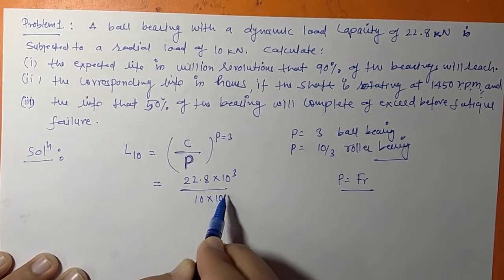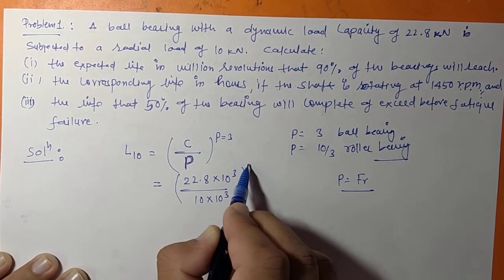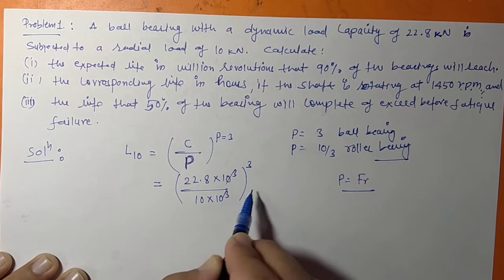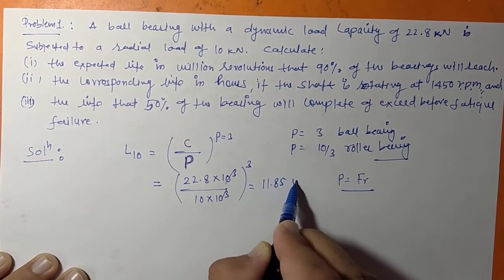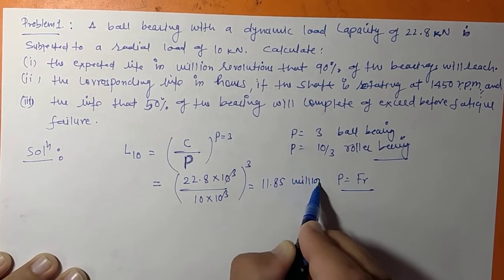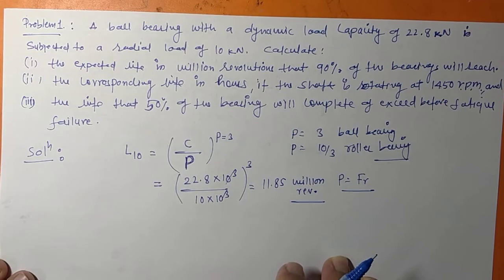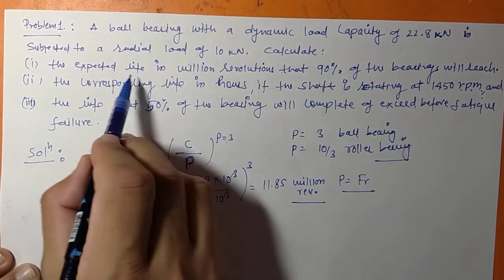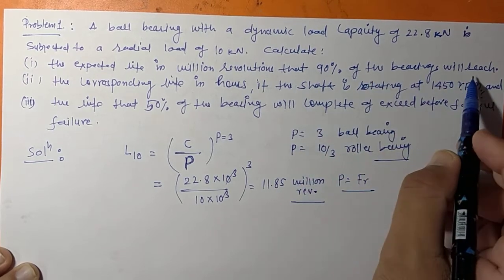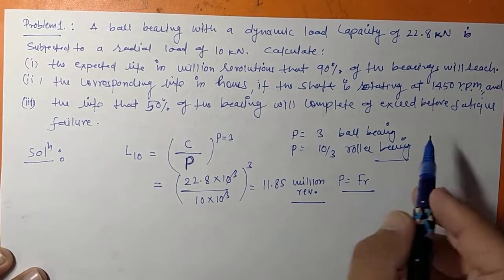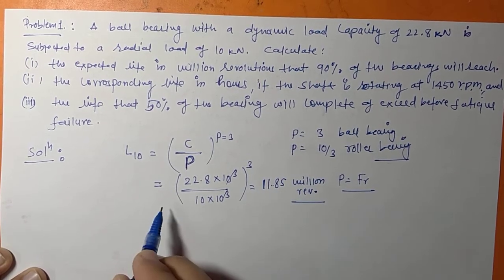So (22.8 multiplied by 10 raised to power 3 divided by 10 multiplied by 10 raised to power 3) raised to power 3. So this becomes 11.85 million revolutions. So this is L10 life. So this is the answer for the first part, the expected life in million revolutions that 90% of the bearings will reach. Means L10 life is 11.85 million revolutions.